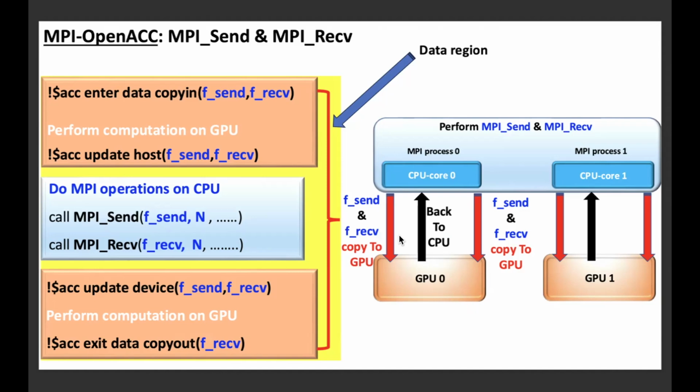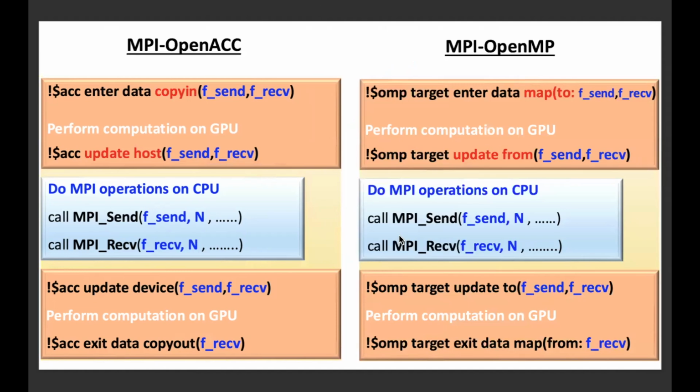In general, this doesn't lead to good performance, and example number 2 will show that the bandwidth during the communication is really low. Before that, I show you another picture where we compare MPI OpenACC on this side and MPI OpenMP on that side. What you can see here is that the structure is the same.